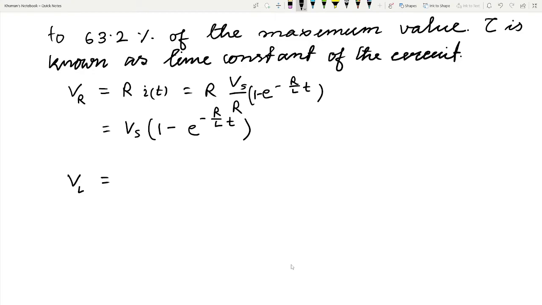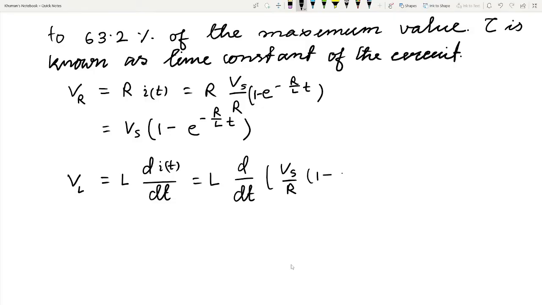Then we will find out VL, that is the voltage drop at the inductor also. So this is L di by dt, which is L d by dt of Vs by R (1 minus e to the power minus R by L t).